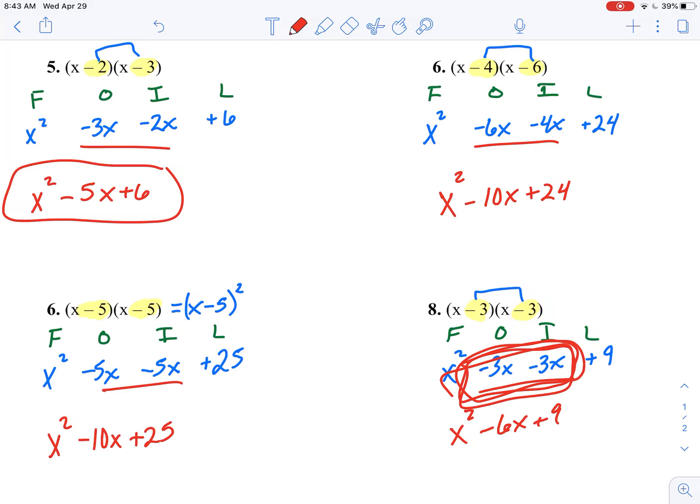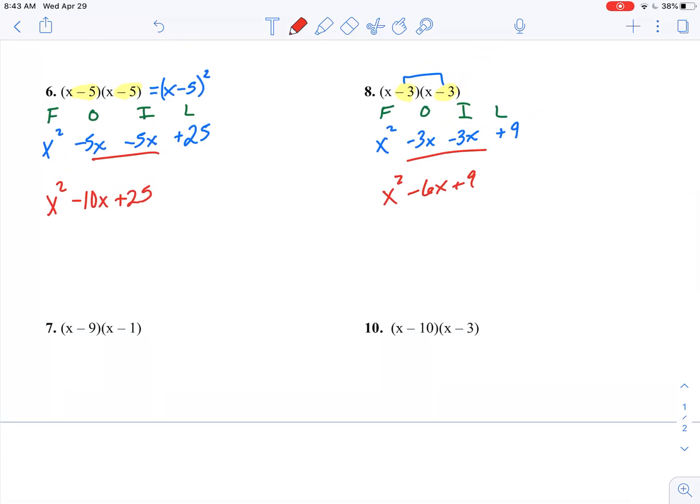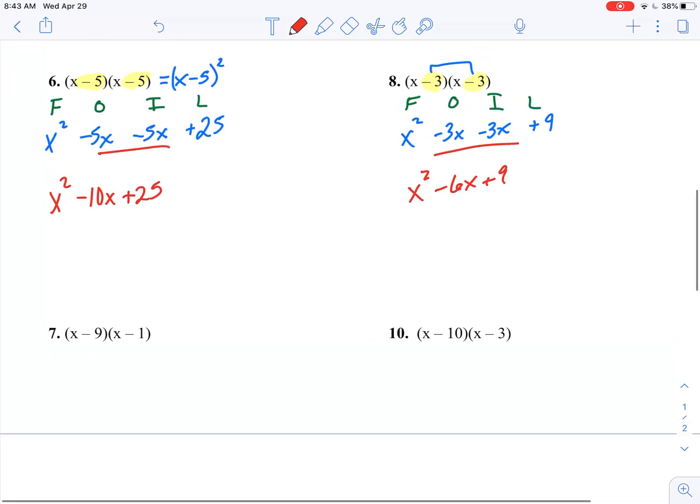Negative times a negative is a positive, and 3 times 3 is 9. So let's combine our like terms: x squared, negative 3 minus 3, negative 6x, and plus 9. Whenever we're on this step, you're always going to add these like terms together.